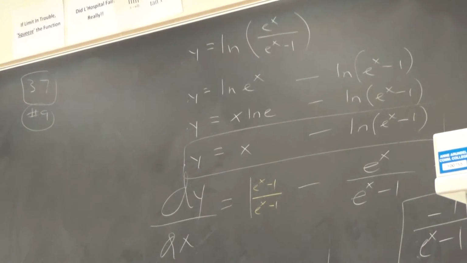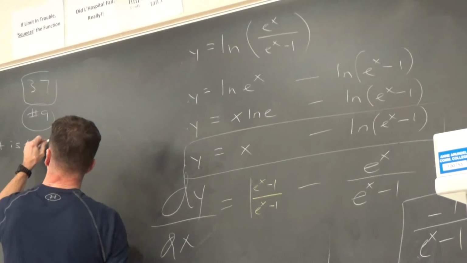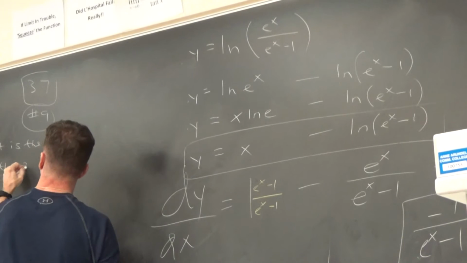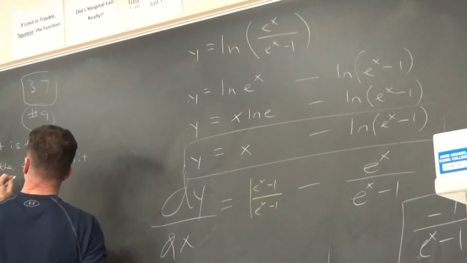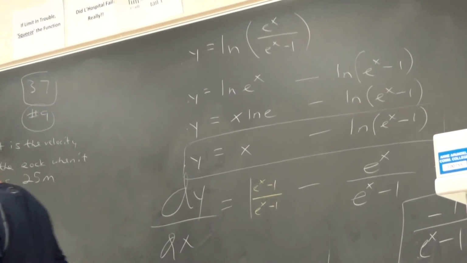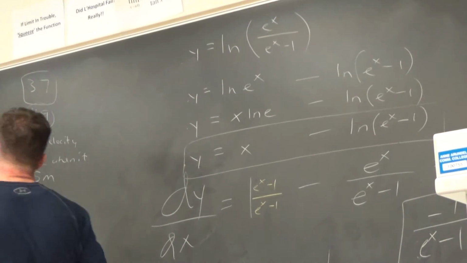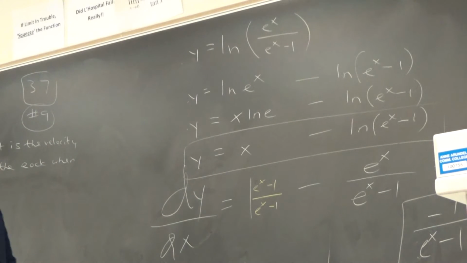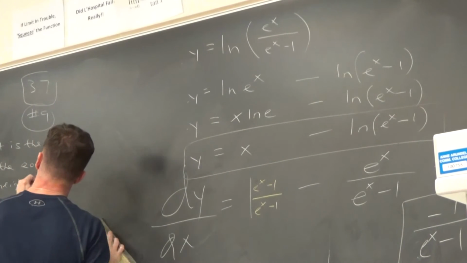It was that second part, when they said, what is the velocity of the rock when its height was 25 meters?